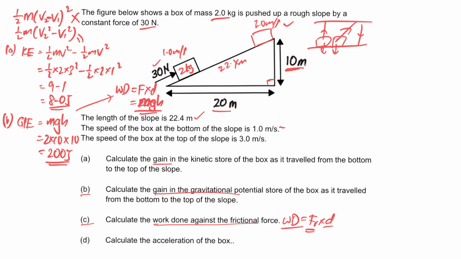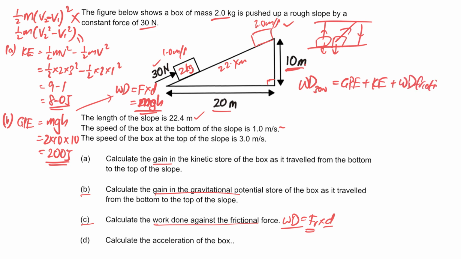The original work that you put into the system is your work done by the pushing force, which is the 30 Newton. That energy that you put into the system all goes to the gain in the GPE and the gain in the KE, and then to the work done against friction.